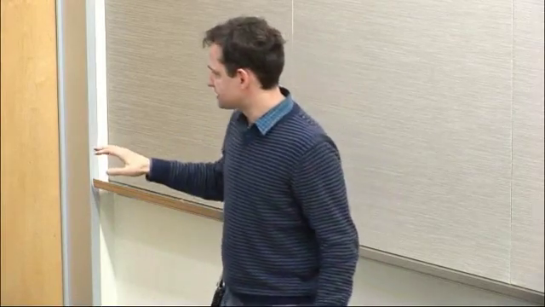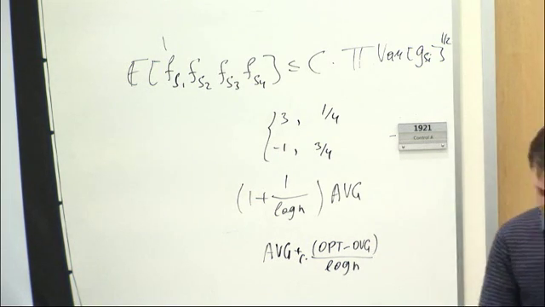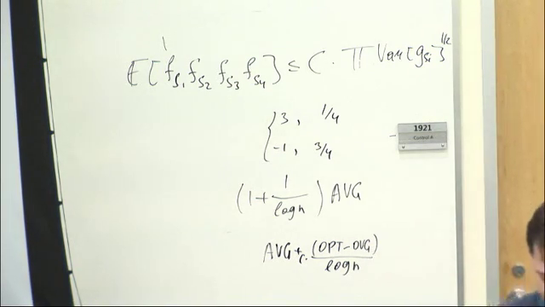Average is just half the edges, right? So for the maximum acyclic subgraph, we can look at a different objective: what is our advantage over random? And for this function, this is a log n approximation algorithm.